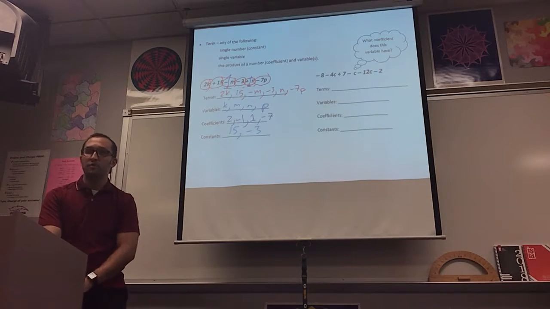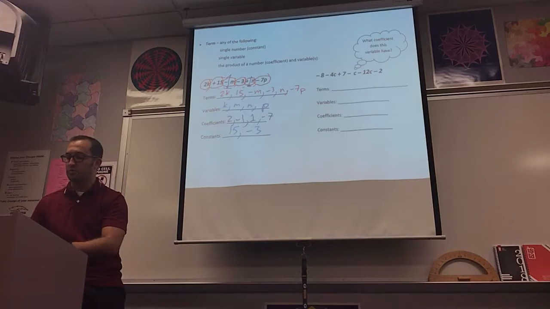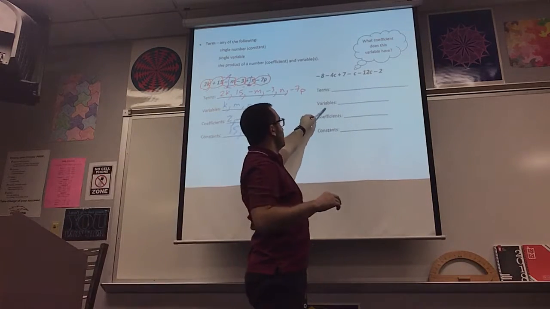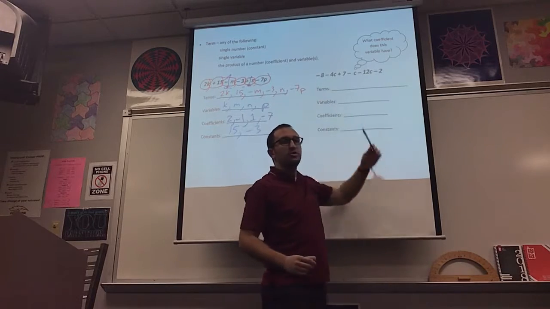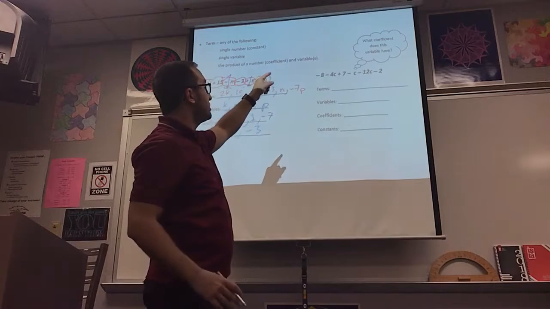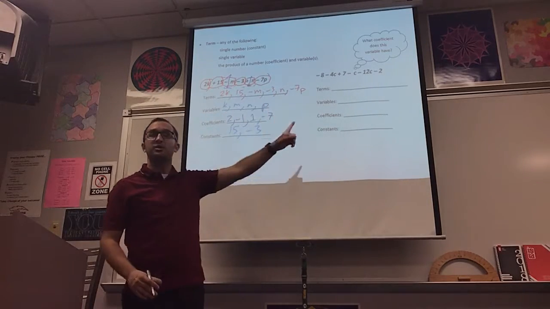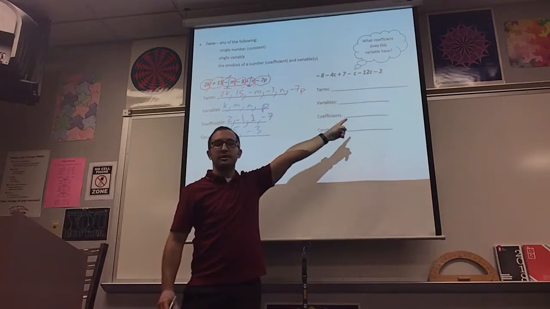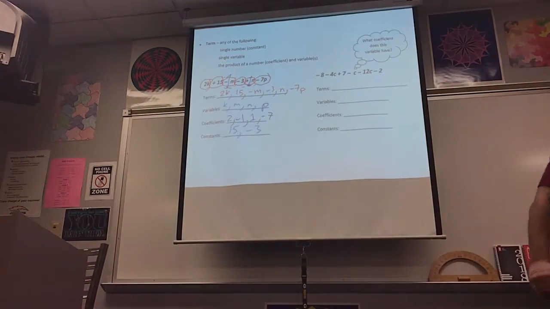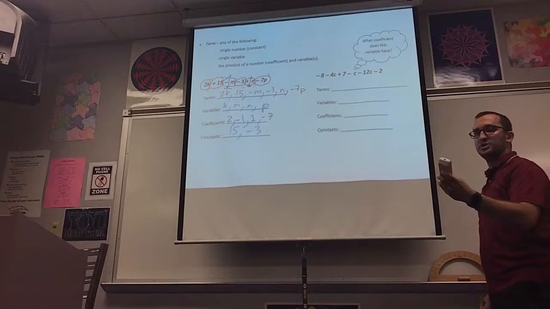Okay, I want you and the person next to you to go through the next one that's right there. Do all lists. Make sure you identify, notice that thinking bubble. It says, what coefficient does this variable have? We talked about it over here. Make sure we identify it there, okay? So I'm going to pause the screen. I'm going to throw them up there. I want you talking through these with your partner. Ready, set, turn in. Talk.